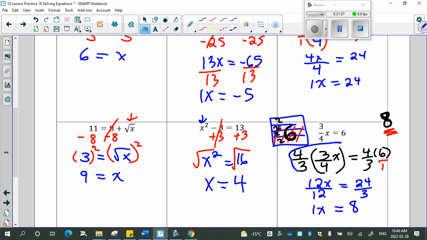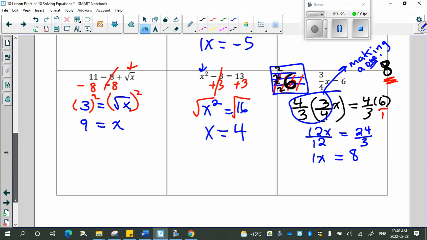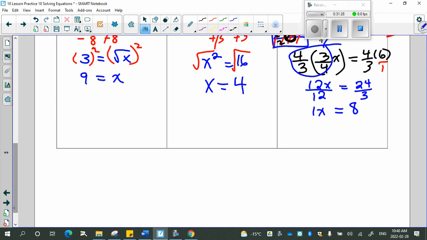So I call this making a 1. Multiplying by the reciprocal is making a 1 to go in front of it. Making a 1. Okay? So we know what 0 pairs look like. That's what making a 1 looks like for a fraction question. Okay, so that's the end.